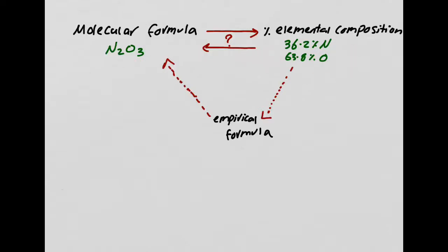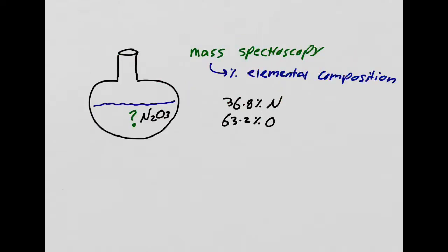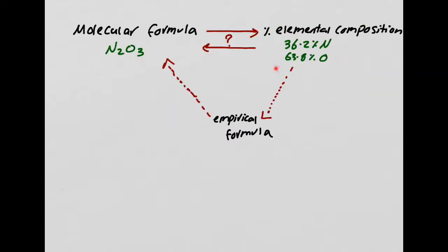If you put it in an instrument, the instrument gives us a percentage. Can we figure out what the formula is? Yes. You can go backwards, but it's a little bit harder because you cannot go straight. You have to go from percent elemental composition to empirical formula, and then from empirical formula, you can go to molecular formula.